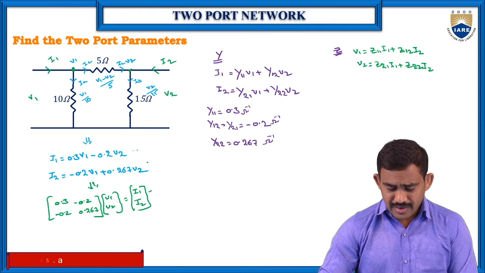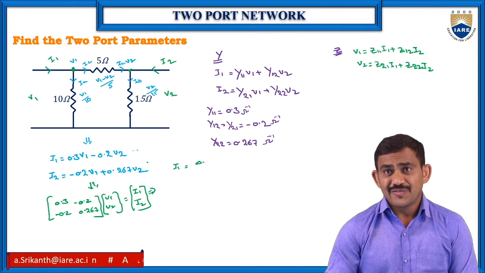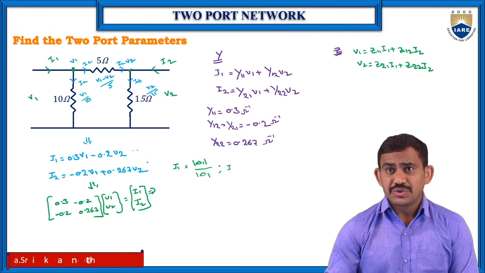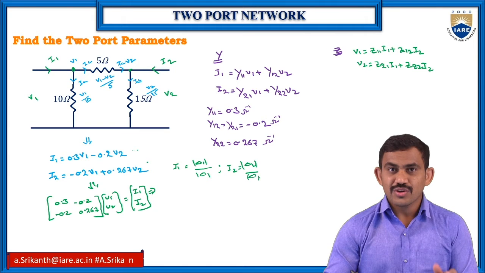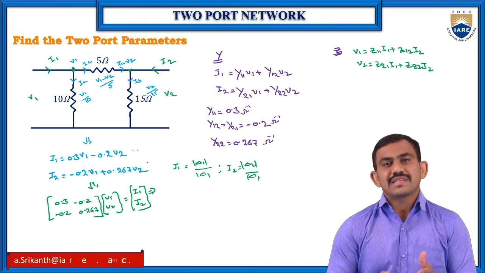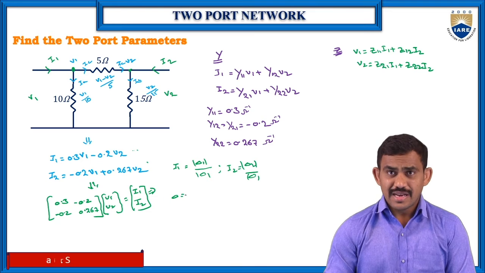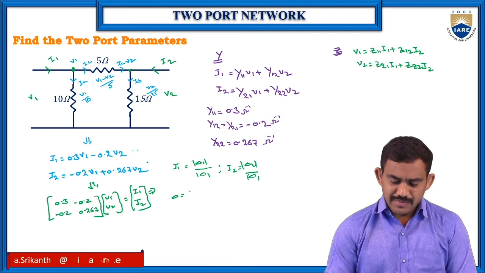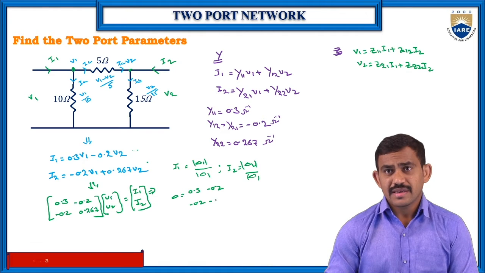Now from this equation, suppose I want the V1 value. V1 means del of delta 1 by del of delta. If I want the V2 value, that is del of delta 2 by del of delta. If you know Cramer's rule, it's very simple, guys. Within seconds you'll get the answer. Otherwise, you need to go step by step. So I want the del of delta value. For delta, the main matrix is 0.3, minus 0.2, minus 0.2 and 0.267.